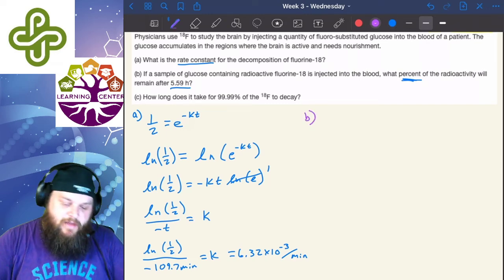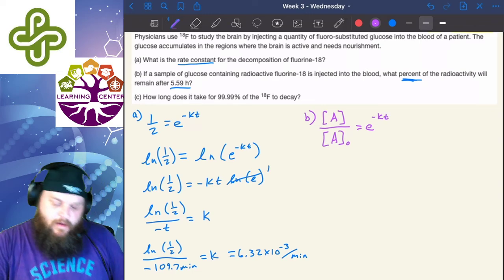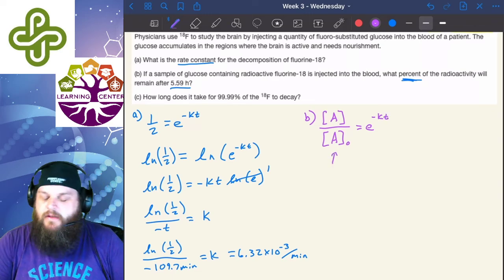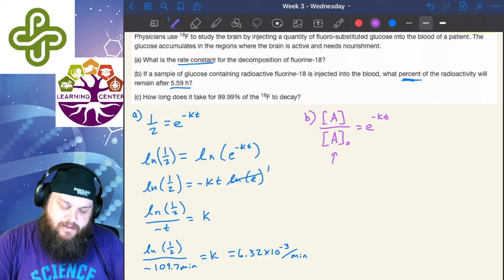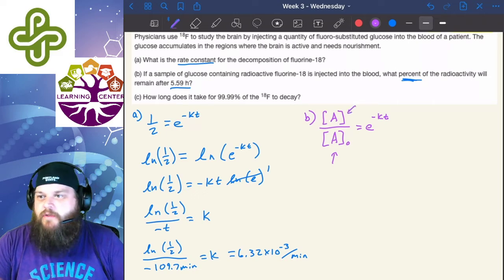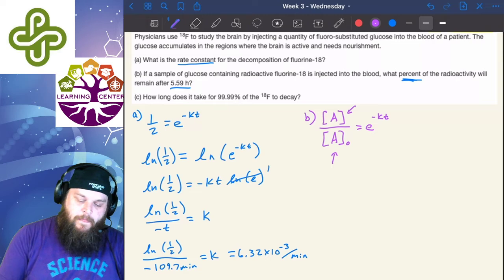So really we're taking this concentration, we're dividing it by its initial concentration, and we're setting that equal to e to the negative kt. And we want to solve for this concentration, that percentage, essentially, because since it's a decay, that numerator is always going to be less than the denominator, so it's always going to be a fraction of, and we can turn that fraction into a percent pretty easily.